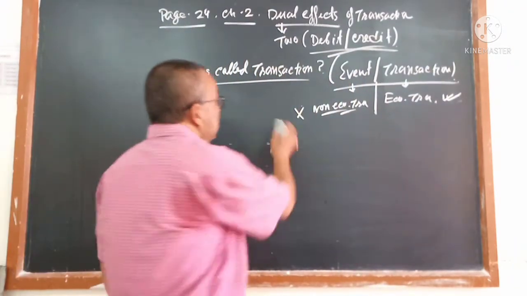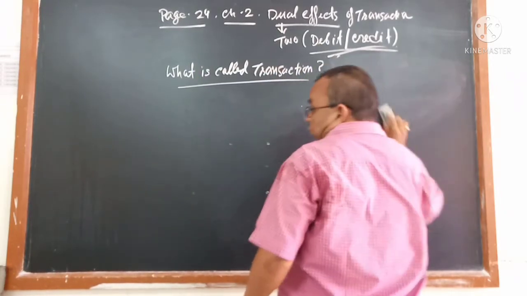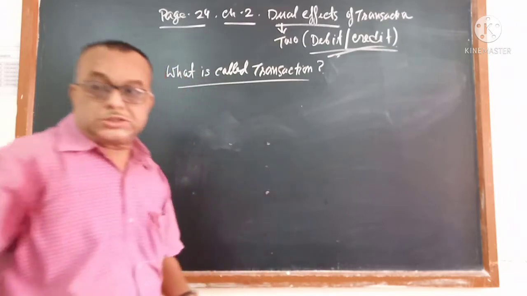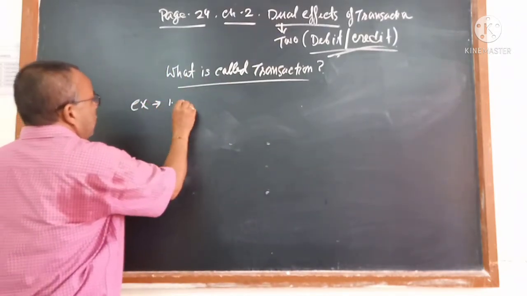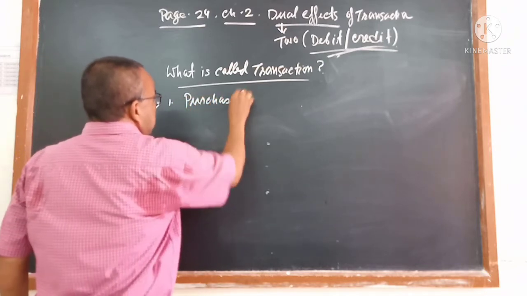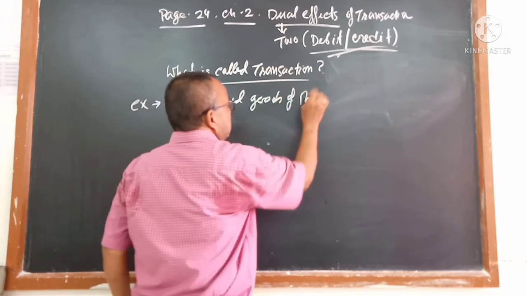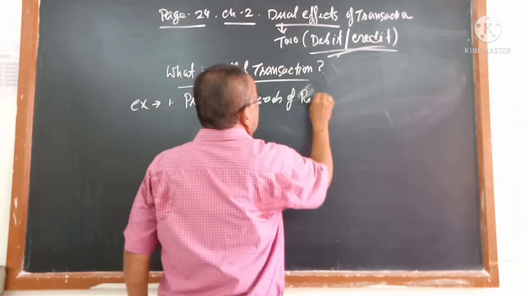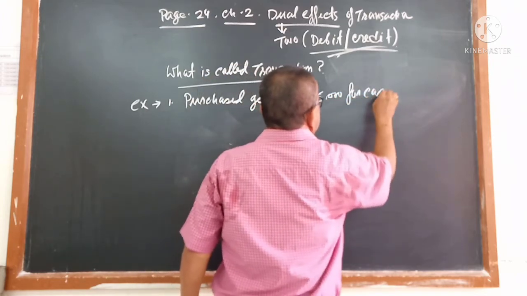So let me give one or two examples so that you can understand which is called a transaction. Example number 1: purchased goods of rupees 5,000 for cash.